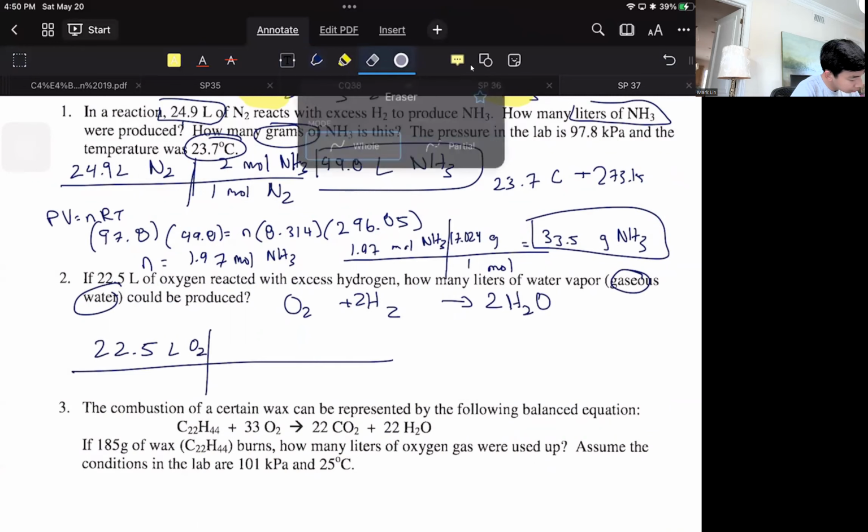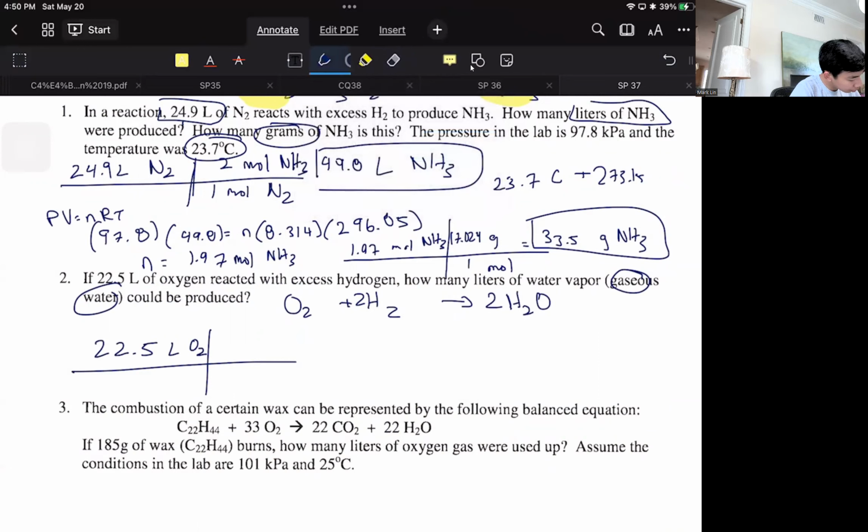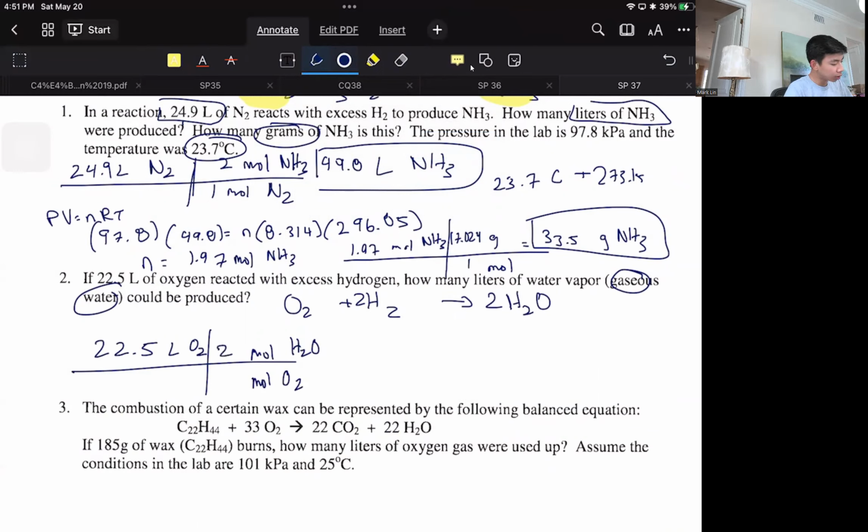And then we can just simply use the mole ratio, moles of H2O over moles of O2. What you want over what you have. You want H2O, that's going to be 2 moles of H2O and then 1 mole of O2. So 22.5 times 2 is going to be 45 liters of H2O.